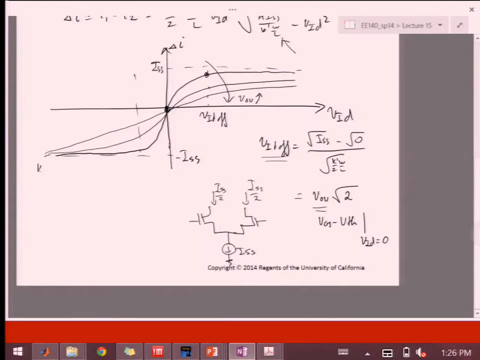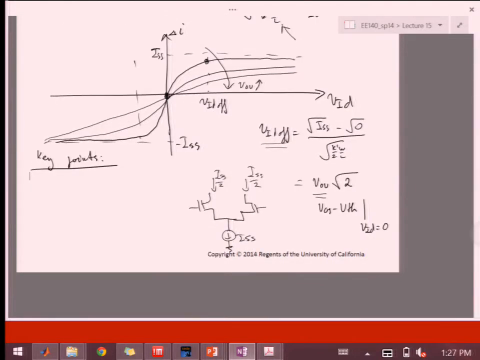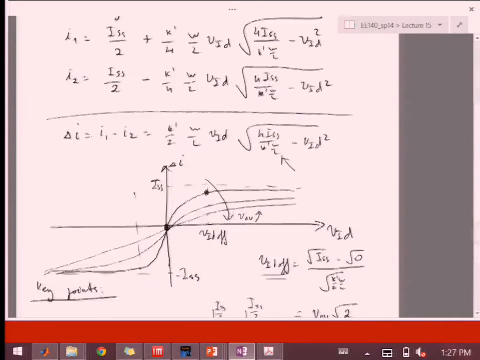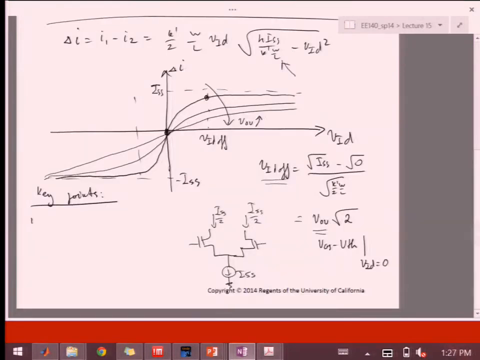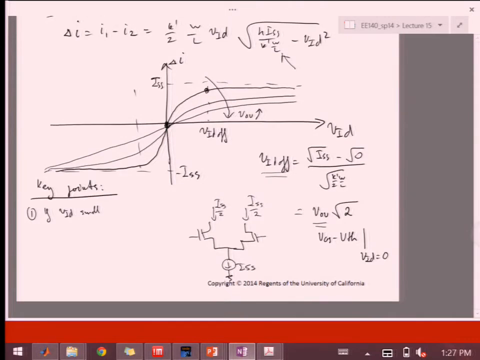So some of the key points. If you take a look at the formula for delta I, if VID is small, then delta I is proportional to both VID and a square root of ISS.